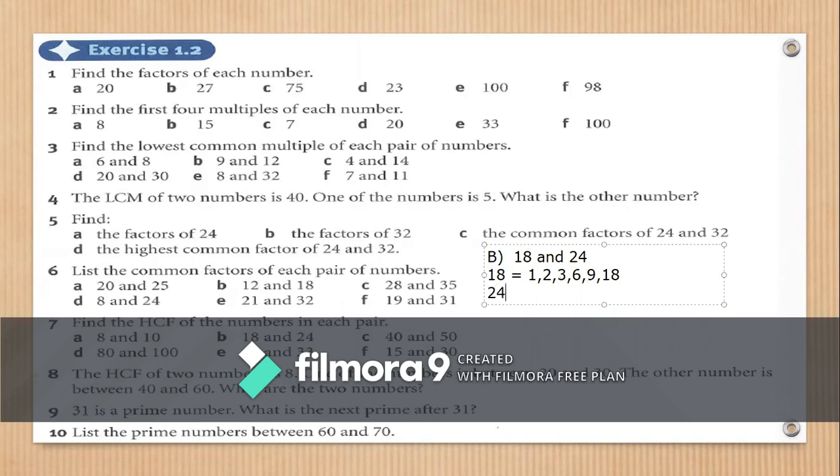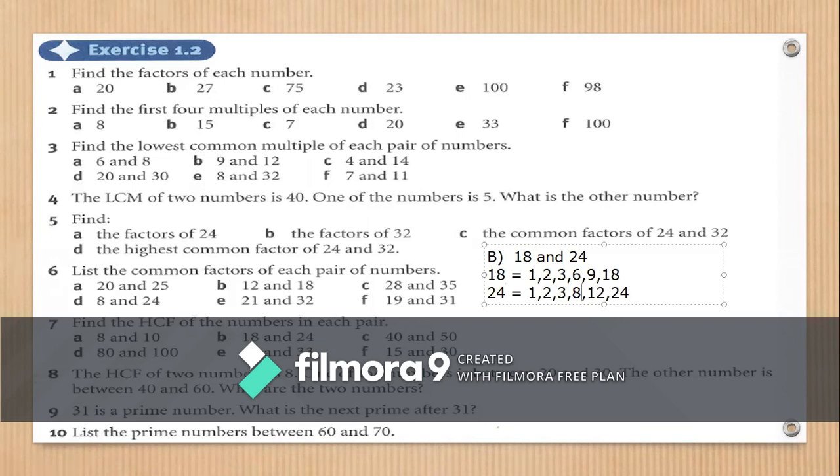Now let's find the factors of 24. First, as I told you, 1 and 24. Now the second one is 2: 2 multiplied by 12. Then 3: 3 multiplied by 8.